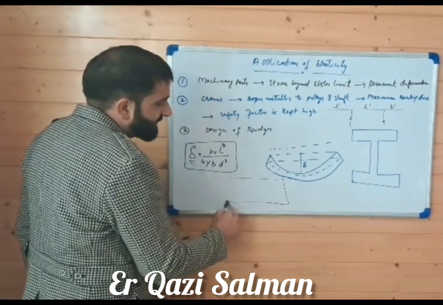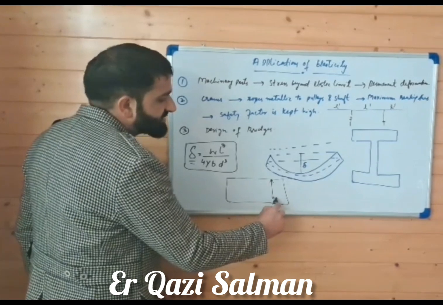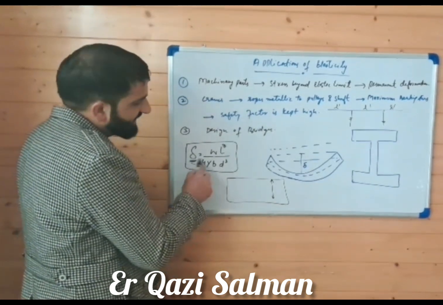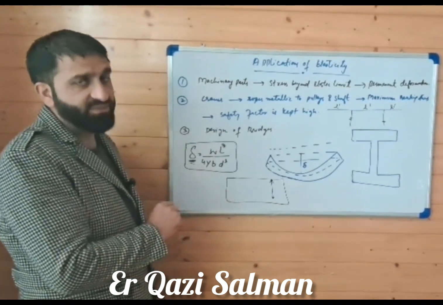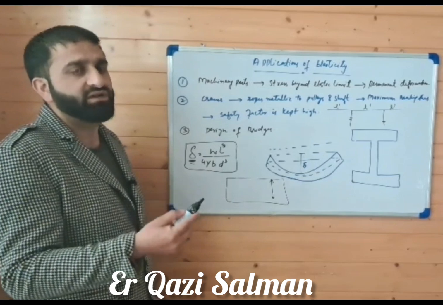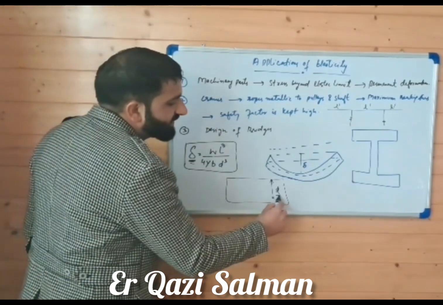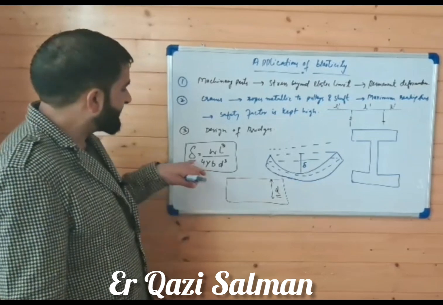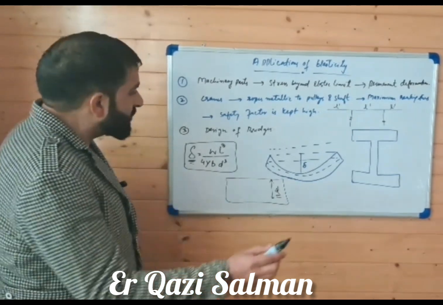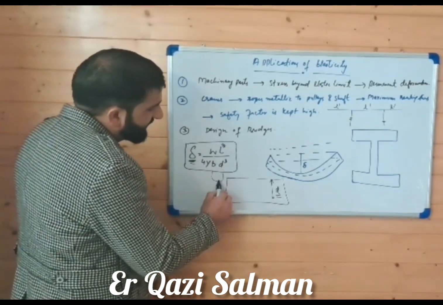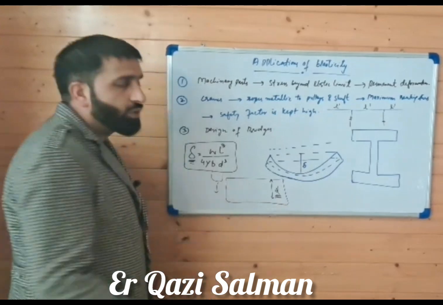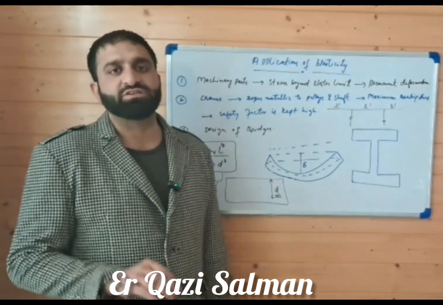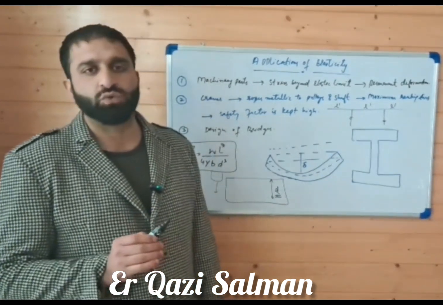When the depth of the bridge is large, the depression is low, because here we have an inverse relationship, and that too an inverse cubic relationship. That means D should be high. When the depth is more, the depression is less. Now, we have a trade-off between B and D, because by increasing D, we increase the weight of the bridge, and the bridge can collapse under its own weight.